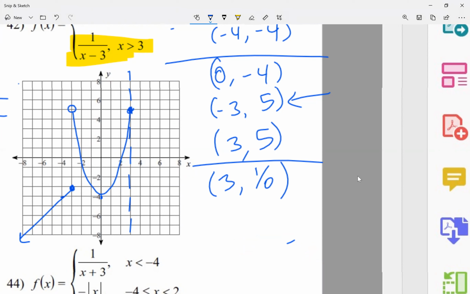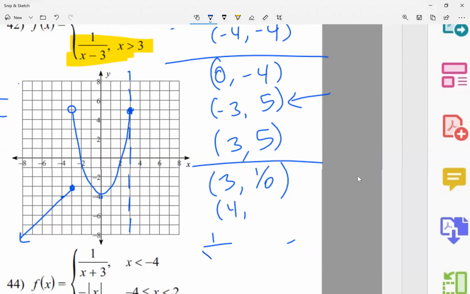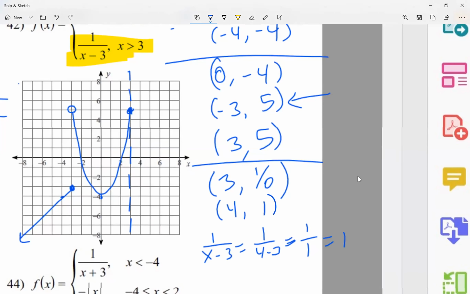All right, well, what if x equals 4? I need a point. What if x equals 4? So 1 over x minus 3 gives me 1 over 4 minus 3, 1 over 1, which is 1. So my y value is 1. I have a point, 4, 1.